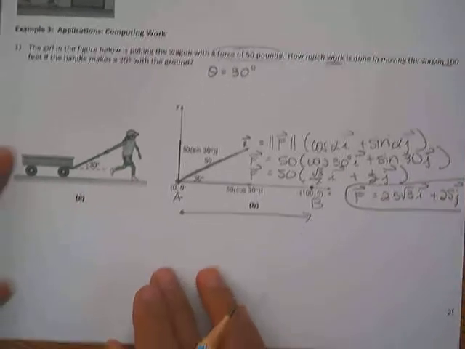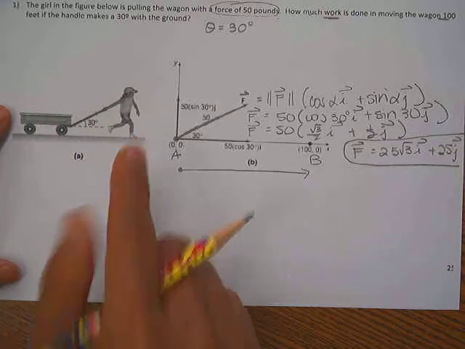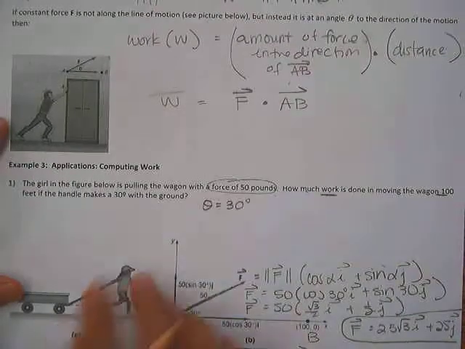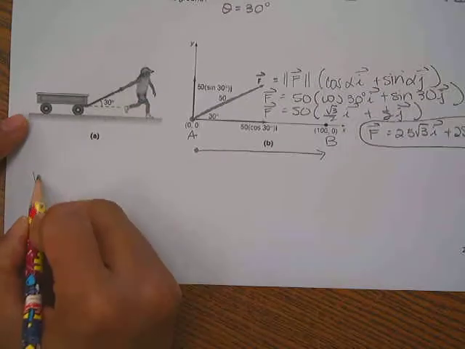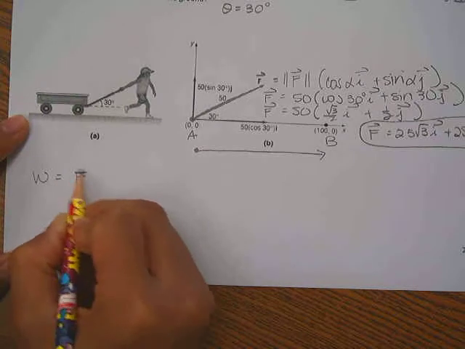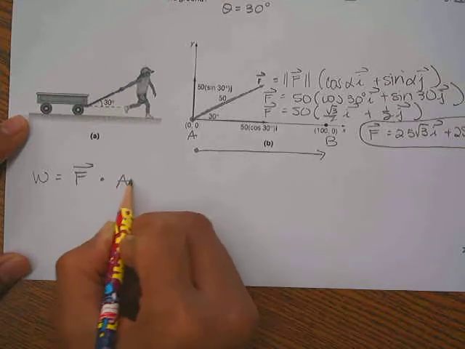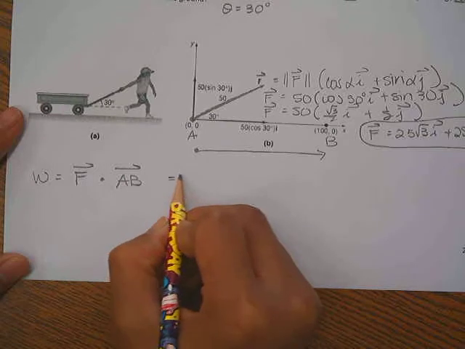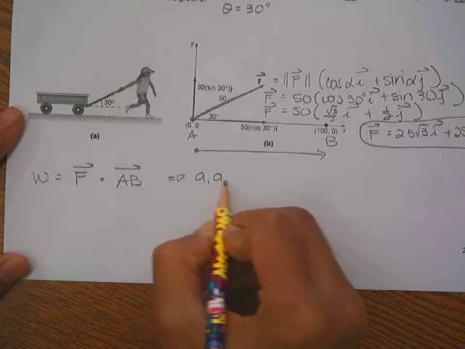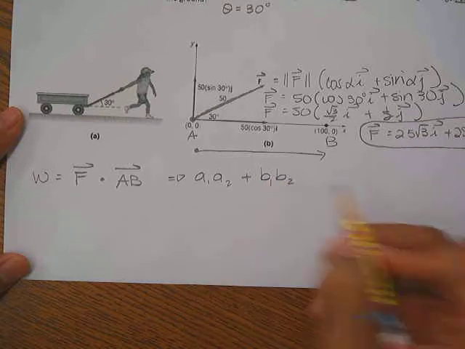Because it's not in the direction of the object, we're going to use this second formula right here, which is, I'm going to write on the bottom, the work equals the dot product of the force and the distance vector, which is, let's call it A to B. So it's A sub 1 times A sub 2 plus B sub 1 times B sub 2.